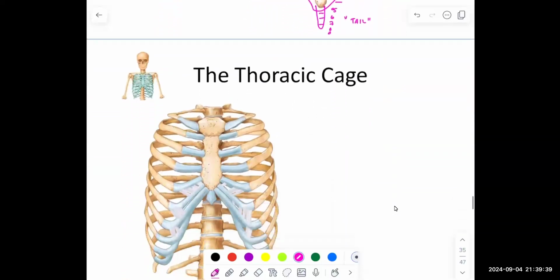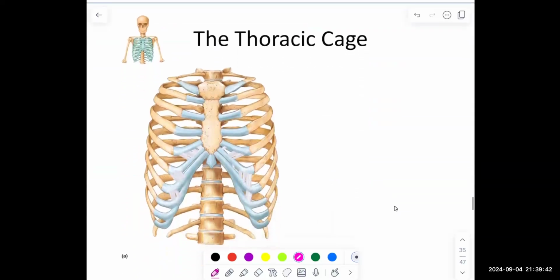Thoracic cage. The chest plate. What's the chest plate called? And that's all I need you to know for lecture, not lab. It's a different story. It has 3 regions. And we'll learn it.